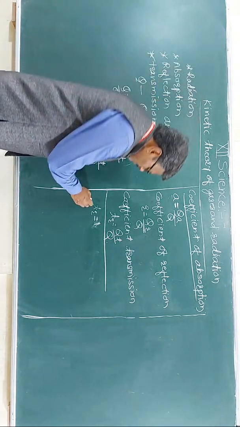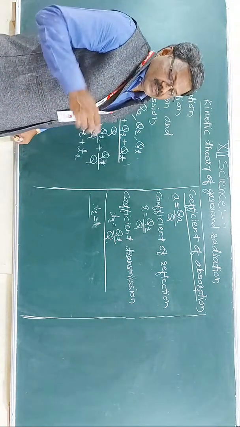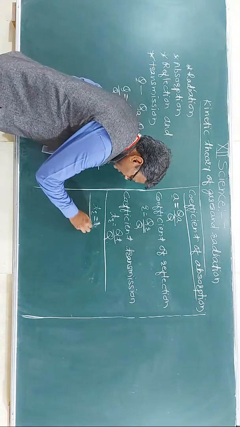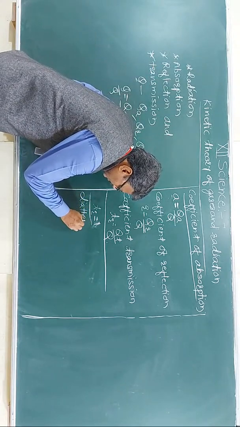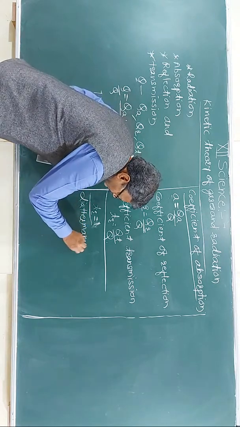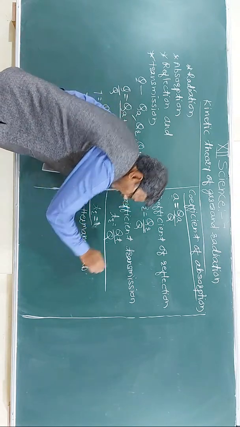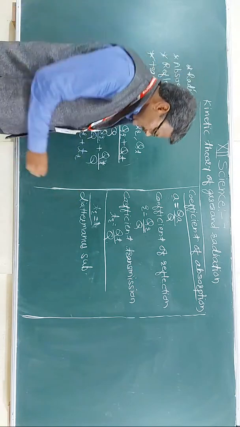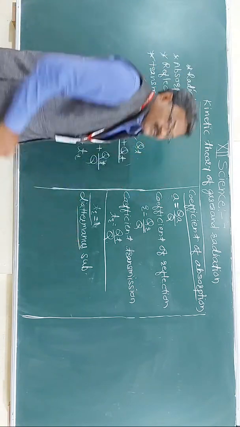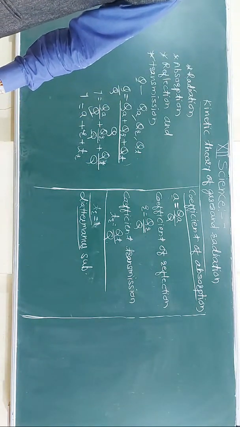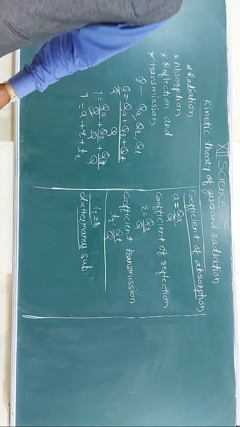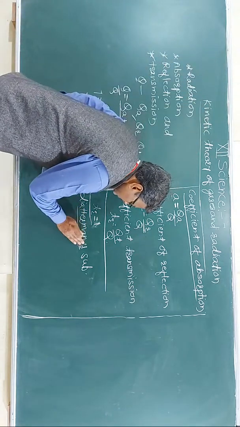From this we can define two quantities: the diathermalous substance, and second, the athermalous substance.